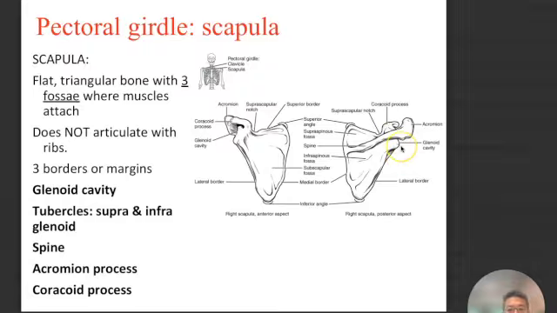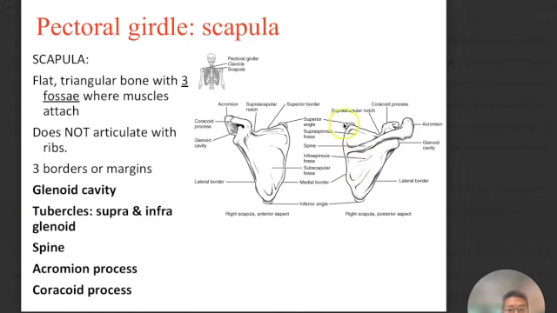We already saw the acromion, which articulates with the clavicle. This is the coracoid process. Remember I told you, be careful not to confuse this with the coronoid process in the mandible. Suprascapular notch. This is the supraspinatus fossa, infraspinatus fossa.